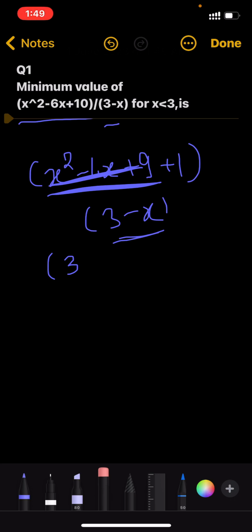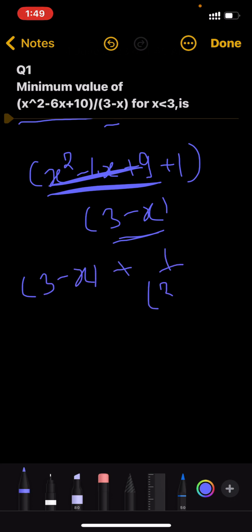So this gets cancelled. Sorry, we won't have a 1 here. This will be a whole square, so we'll have 3 minus x over here and 1 upon 3 minus x over here.